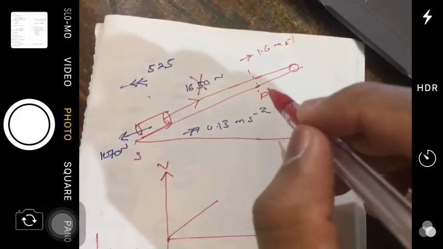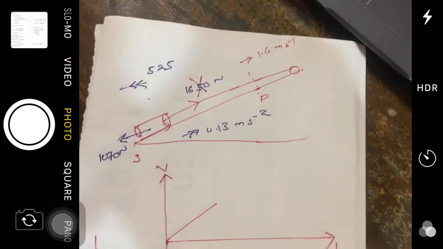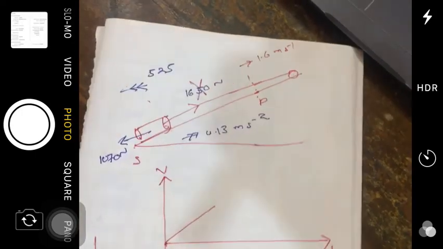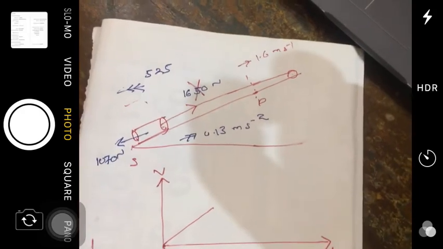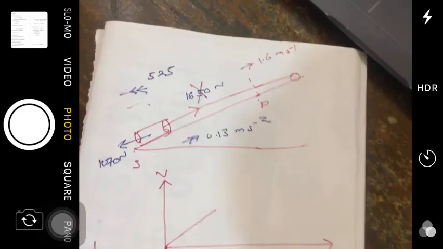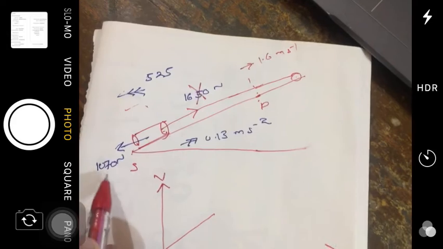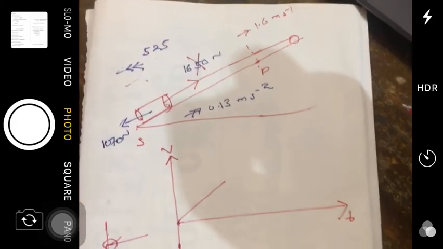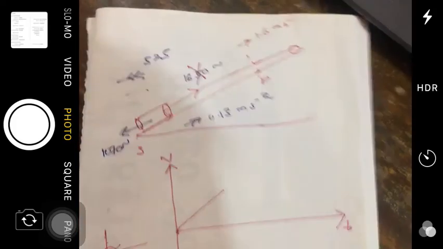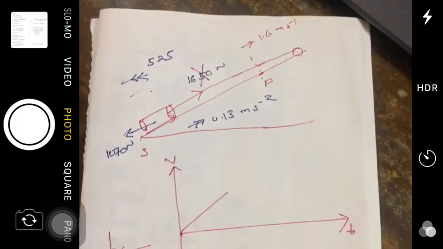So for a little while it will continue to move upward, and because it is continuing to move upward, the frictional force will also act downward. So even after the cable snaps, for a time being there will be a downward weight component and a downward frictional force.